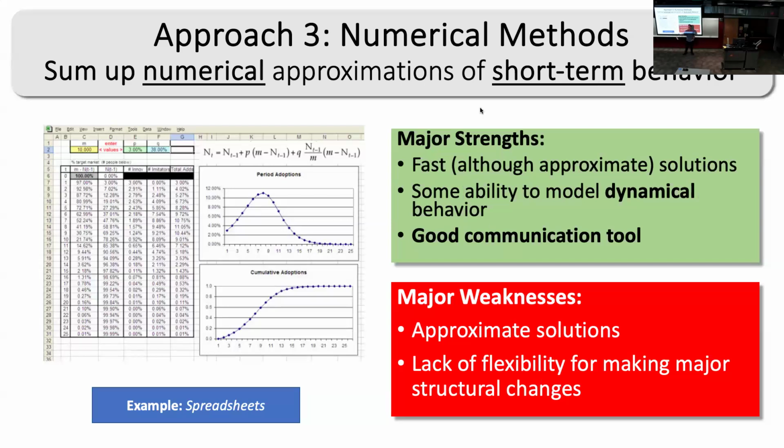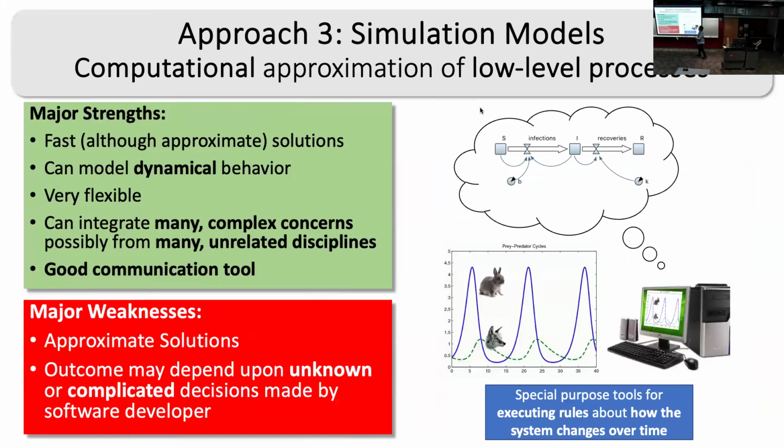But now you abandon all of those expressions, and the best you can give somebody is a graphical model. If you want to change how the model works, it requires updating a lot of expressions here, so it ends up not being a very flexible tool. So the tool that we use in this class is simulation modeling, where our focus is modeling the processes that drive a system's behavior and using tools that make it very easy to adjust these processes as we learn more about the system.